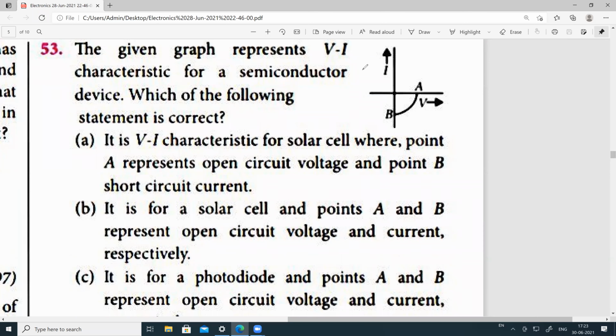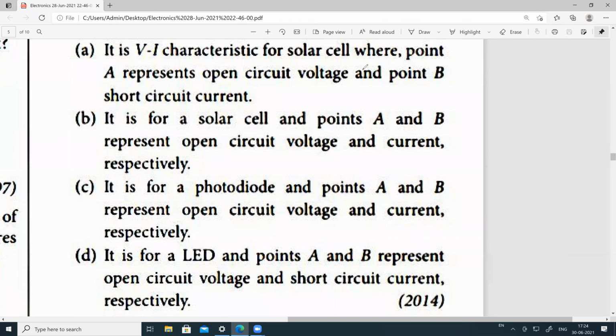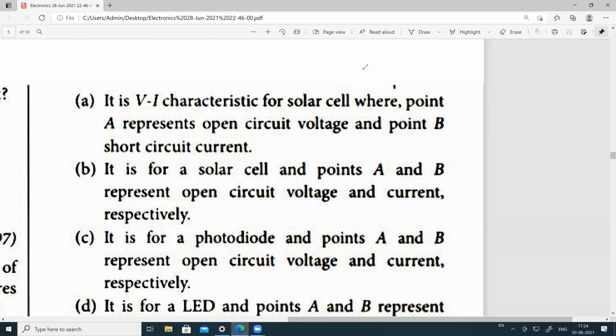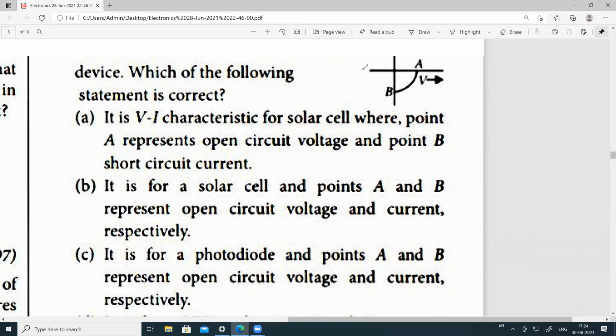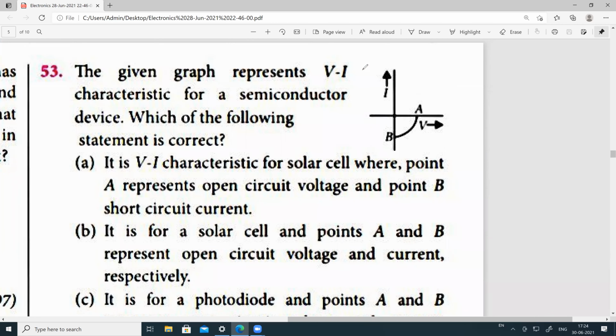Second, it is for a solar cell and points A and B represent open circuit voltage and current respectively. Third, it is for a photodiode and points A and B represent open circuit voltage and current respectively. Fourth, it is for an LED and points A and B represent open circuit voltage and short circuit current respectively. So related to this diagram, we have to choose the right answer.